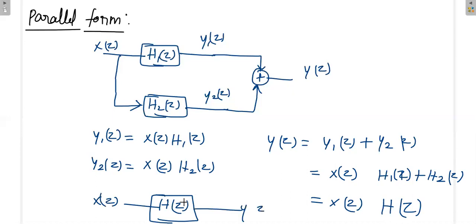Now we are given h of z, so we have to split it up into h1 of z and h2 of z, then implement them separately, then give the connection like this. How to split up? From h of z we have to realize h1 of z and h2 of z separately with the addition, which we can do easily with the partial fraction technique.